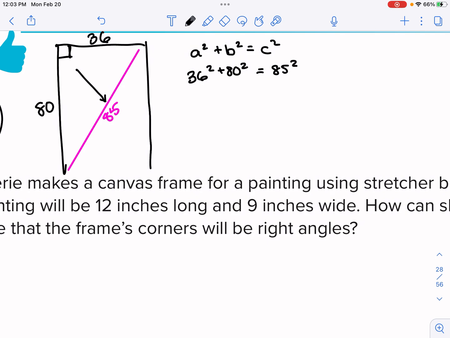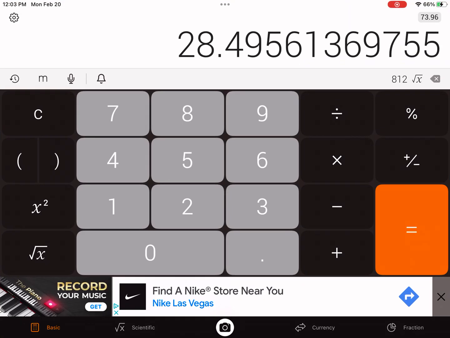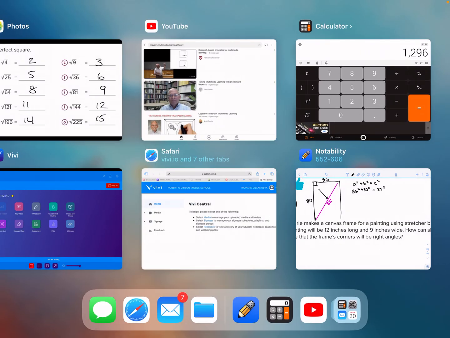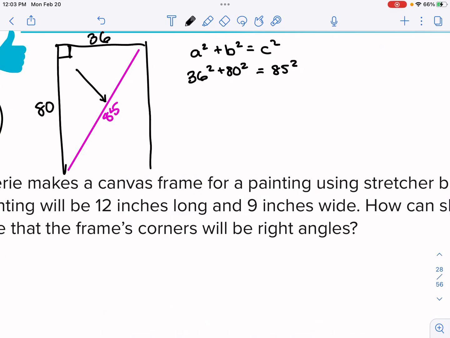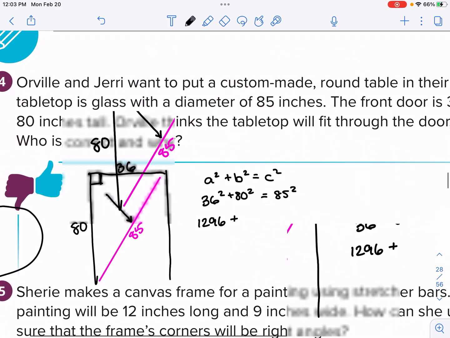So we're going to multiply these things out. What is 36 squared? We did that earlier, it's 1296. I'm actually going to use that tip that we learned earlier for 80 squared.